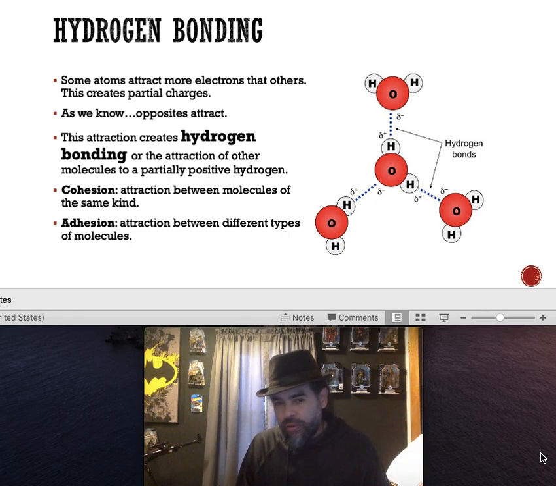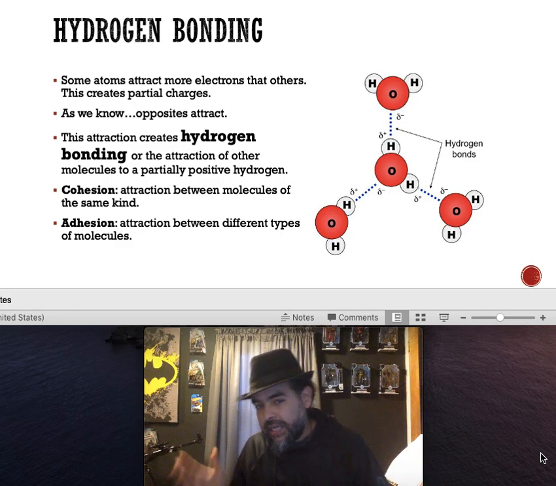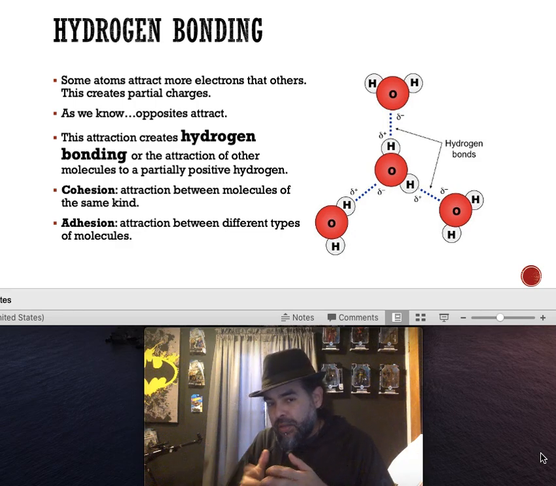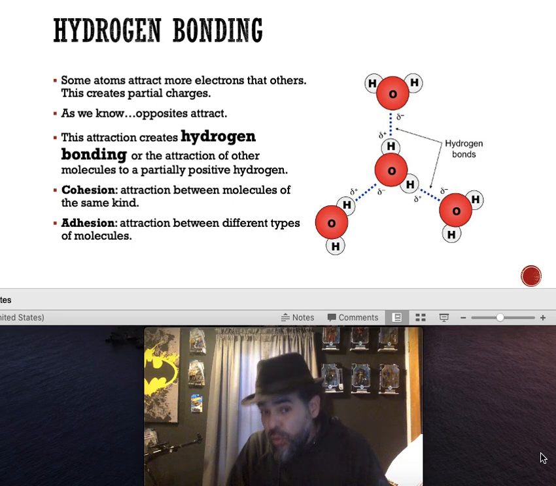How is that important? Well, it is precisely this functionality of cohesion and adhesion that gives water the ability to move through tiny tubes, like the roots of a plant, or even help in the process of moving blood throughout blood vessels. All of that because of the weaker interaction in hydrogen bonding.